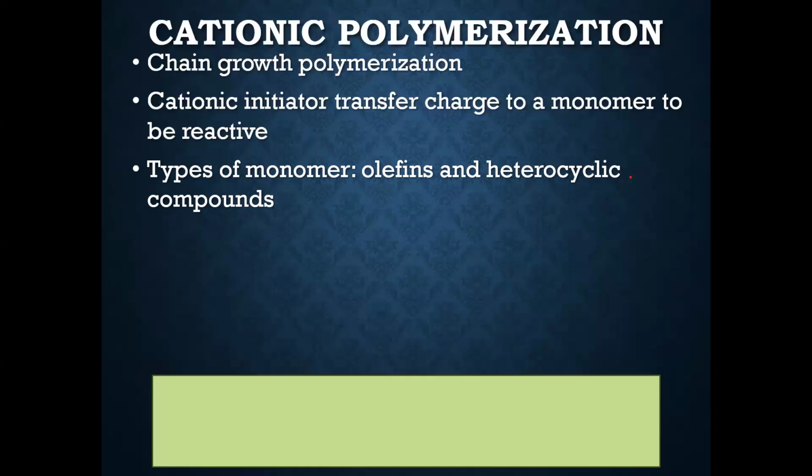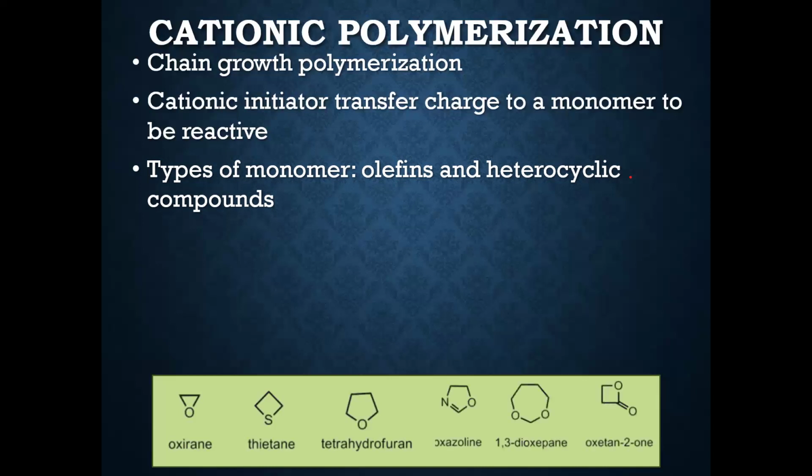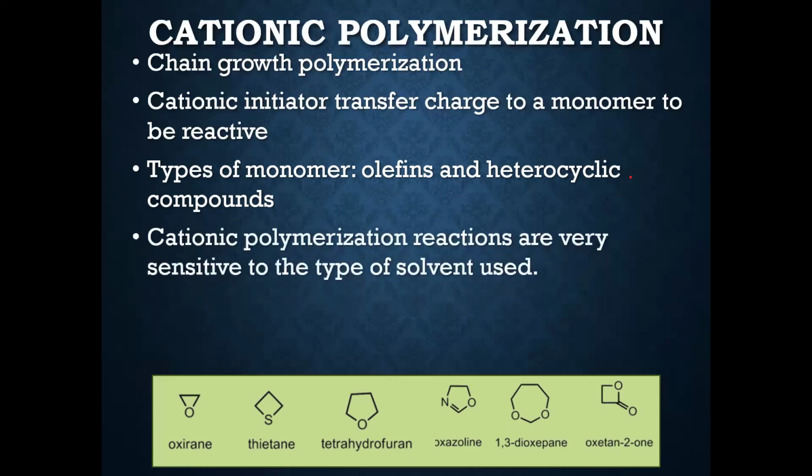So this double bond can be broken by an initiator, okay, and then form the required ion, which is a cation, carbonium ion. Heterocycle has a cycle which can be opened to form the carbonium ion or the positive ion. These are some examples of the cyclic compounds.